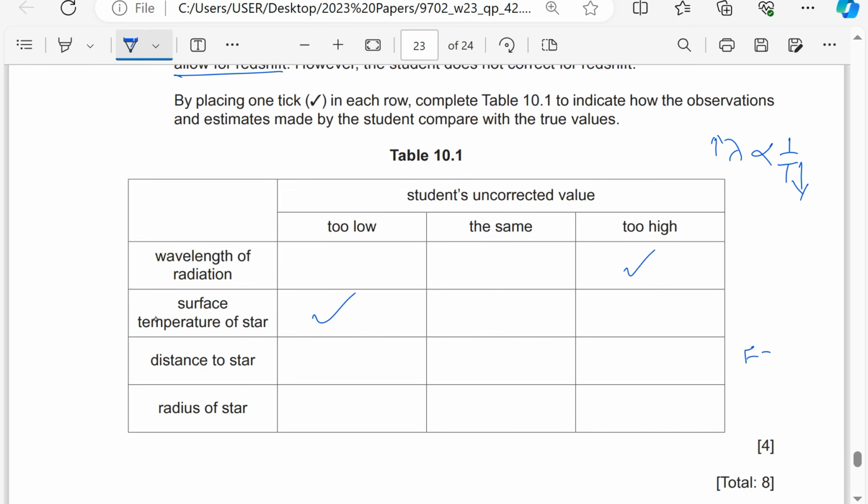For a standard candle, the luminosity is known, and the radiant flux intensity is measured from the Earth, so the distance D is going to be the same.